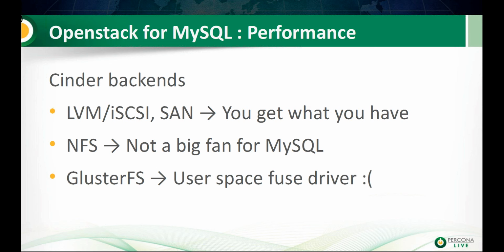Right now, Gluster doesn't support snapshots, although I heard that it may be coming very soon. I think it's in beta or something like that. But snapshots are not supported. All the other ones, LVM supports snapshots, but it's quite heavy. SANs do support snapshots, but it's a bit outside. I don't know if Cinder can fully use them.